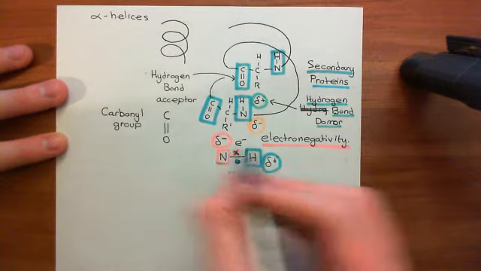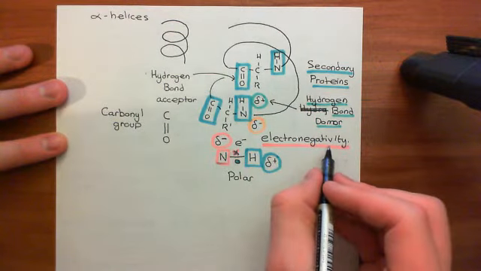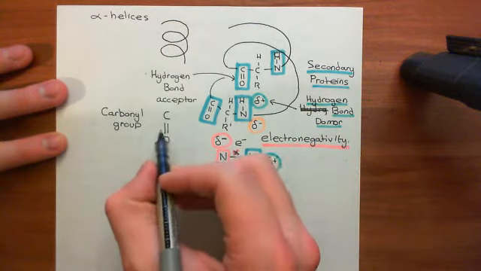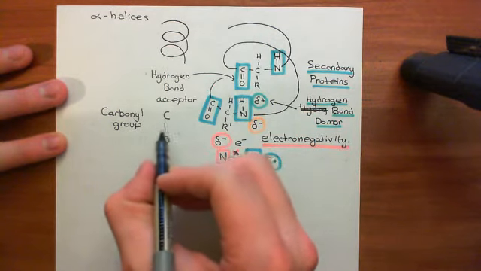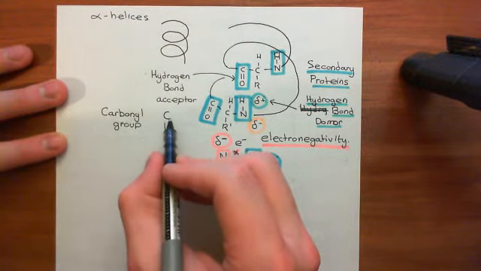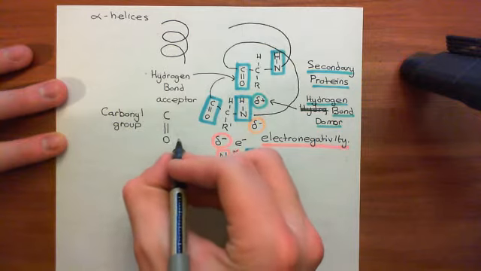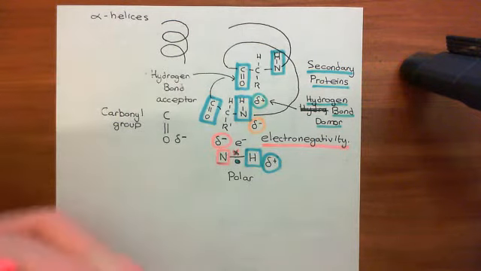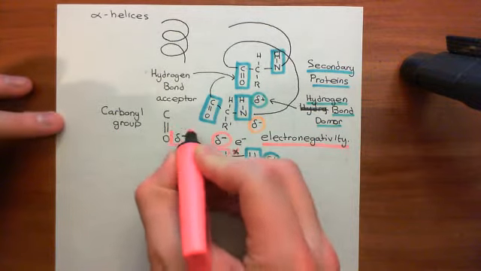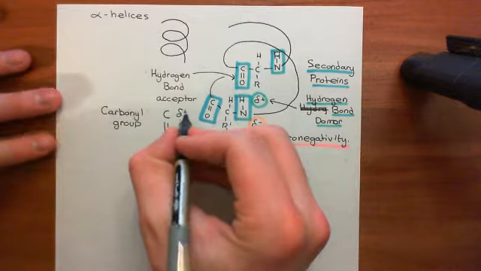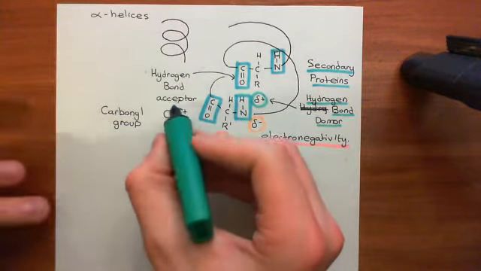Now, oxygen actually has an extremely high electronegativity, higher than carbon's. So the electrons in these two bonds are going to sit towards the oxygen atom and away from the carbon atom. So the oxygen atom is going to get a partial negative charge, shown here in red, whilst the carbon will end up with a partial positive charge, shown here in turquoise.